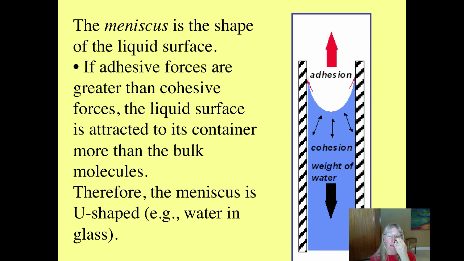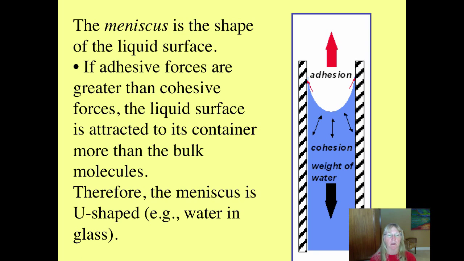When you look at liquid water in a narrow tube, like a graduated cylinder, you can see that curved meniscus up at the top. This is kind of an exaggeration. And the reason is that the molecules that are closest to the glass have adhesive forces of attraction to the glass itself. And if the adhesive forces of the water to the glass are stronger than the cohesive forces of water molecules to each other, then the molecules kind of ooch their way up the side of the glass.